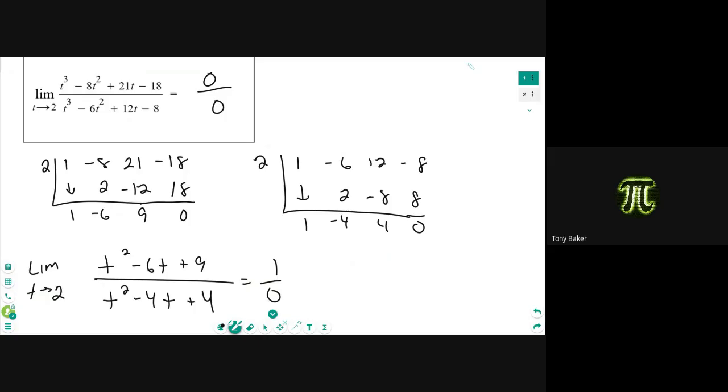What's 1 over 0? Because remember, we plugged in a number, so it's not really 0 on the bottom. It's getting really, really close to 0. So it's going towards infinity. The question is, is it going to positive infinity or negative infinity? Okay. I need to close this.